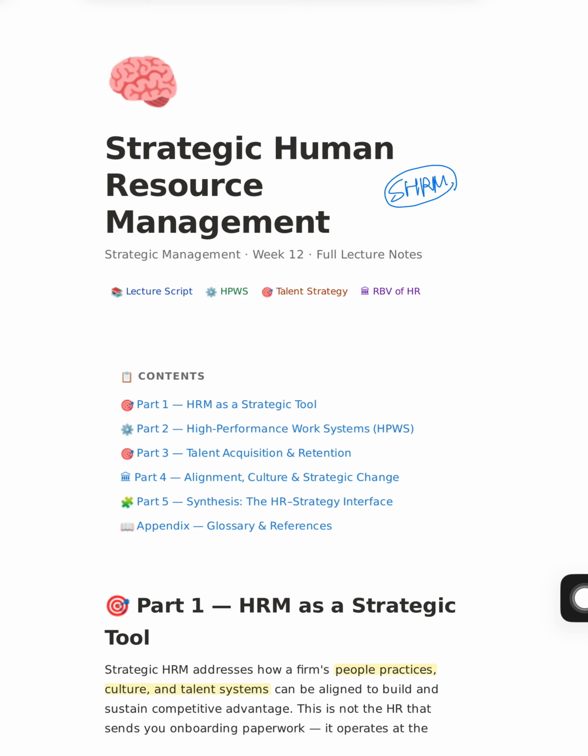The learning objective is to distinguish traditional HRM from strategic HRM using the HR architecture framework. The second objective is to explain the theoretical mechanisms through which high performance work systems affect firm performance.